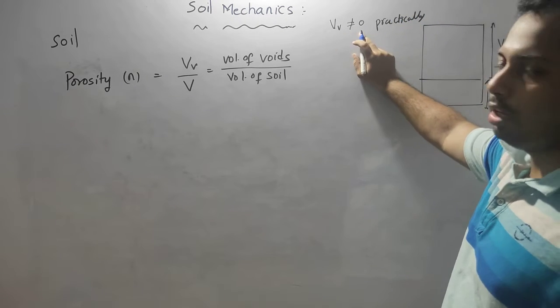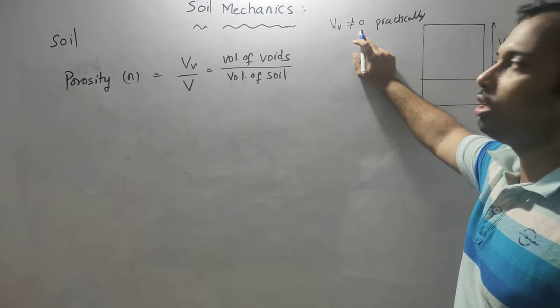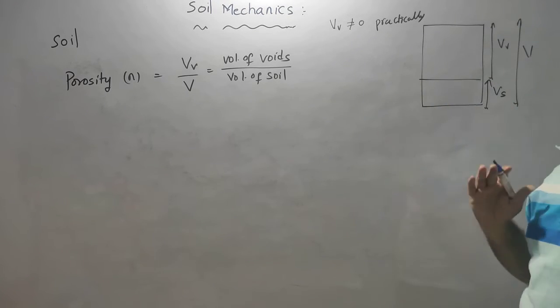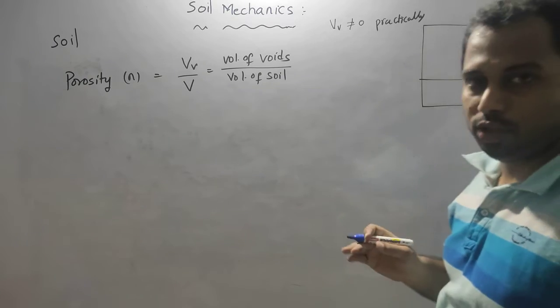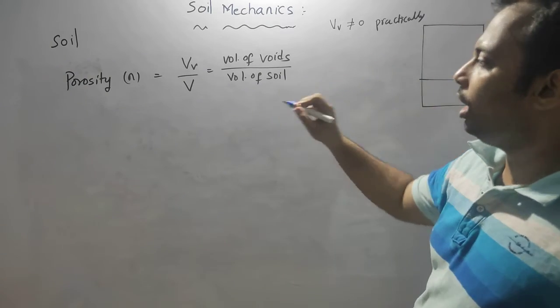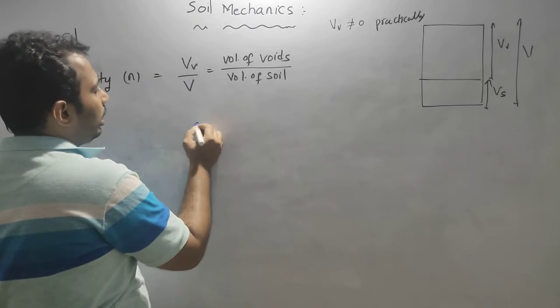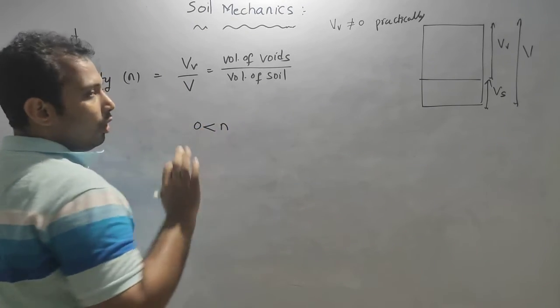Practically Vv cannot become 0. It is not possible to make voids 0. So Vv never takes a value 0. So if Vv never takes 0, then n is always greater than 0. Vv is always greater than 0, but it will not equal 0.